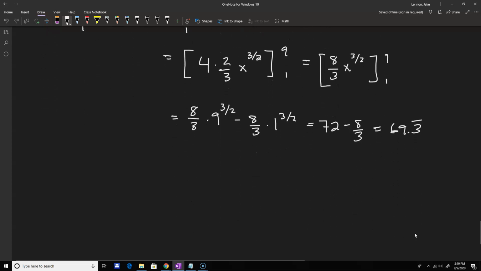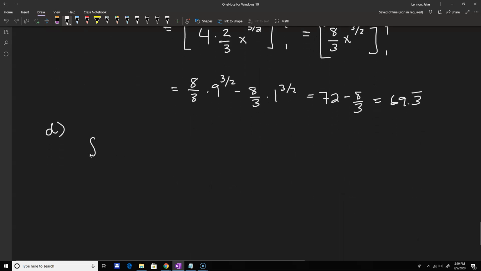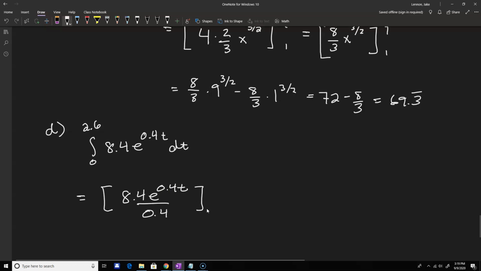Let's go ahead and look at maybe some ones that involve some exponentials. Let's say we're doing the antiderivative from 0 to 2.6 of 8.4 e to the 0.4t dt. So the antiderivative rule is pretty straightforward here. Remember, we take that 8.4 e to the 0.4t, and we're just dividing by 0.4. So we're going from 0 to 2.6.